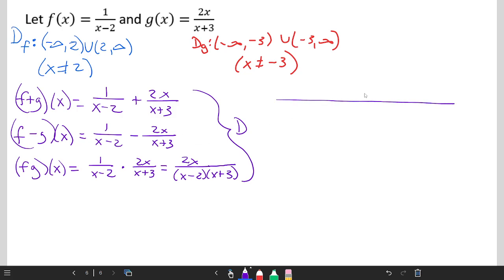So it's all reals except skipping over -3 and 2. So the domain's going to be written like this in interval notation.